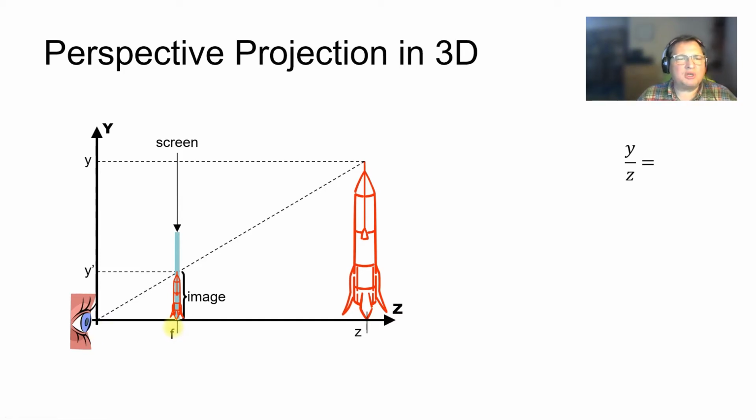With this information, we can now write the second part of this proportion, that's y dash over f. So this proportion is based on the two triangles, the big triangle and the small triangle. And that's it.